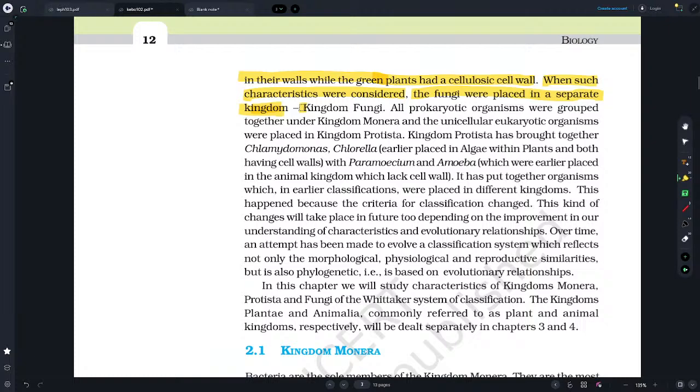And the cyanobacteria, which we refer to as blue-green algae and which were earlier placed under the kingdom Plantae, have chlorophyll A similar to green plants and are photosynthetic autotrophs.